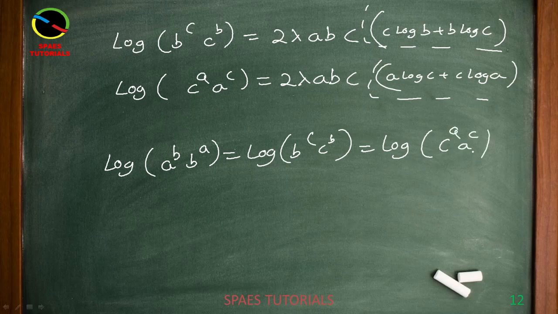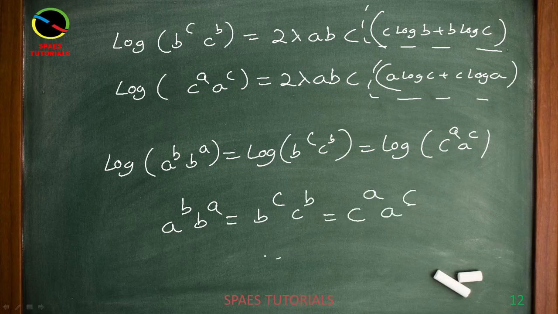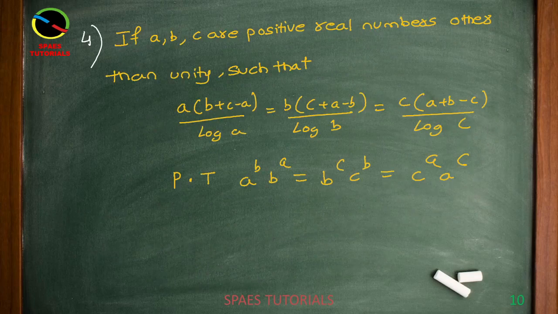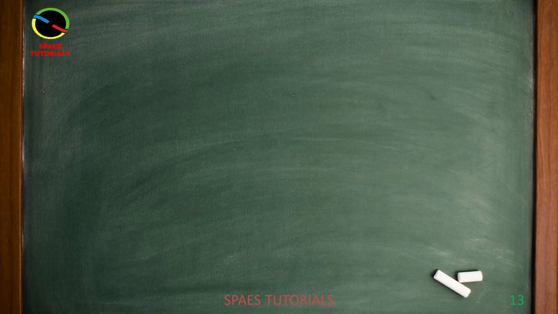All of these are equal to the value 2 lambda abc. So if the logs of 3 numbers are equal, then those 3 numbers are also equal. a^b into b^a is equal to b^c into c^b is equal to c^a into a^c. So hence proved. This is what they asked us in the question to do. So finally they asked us to prove this.